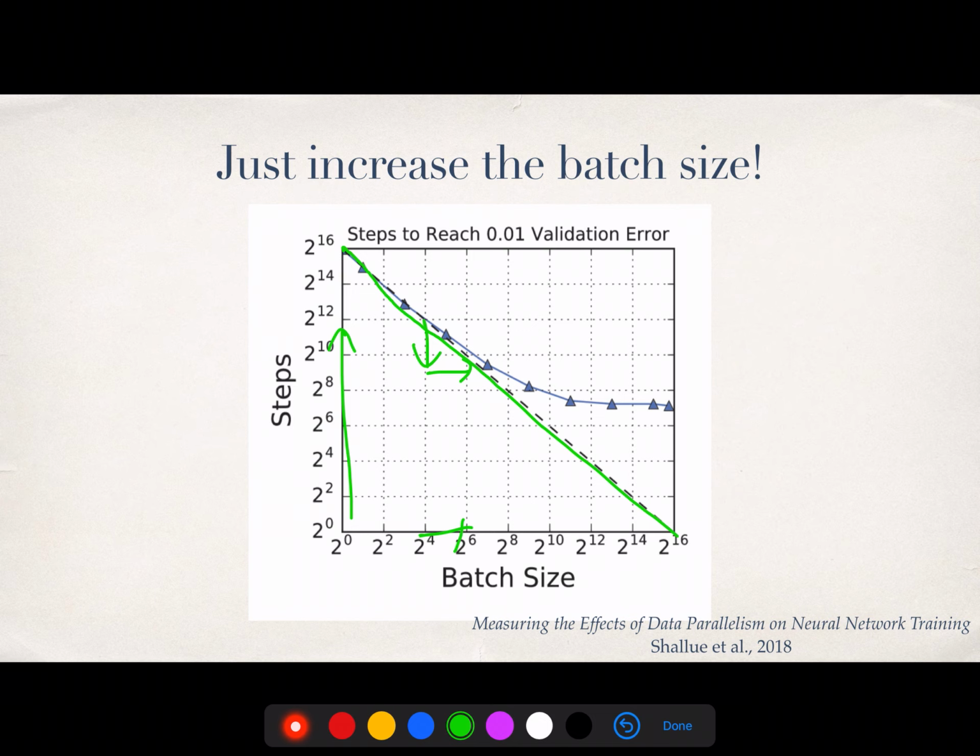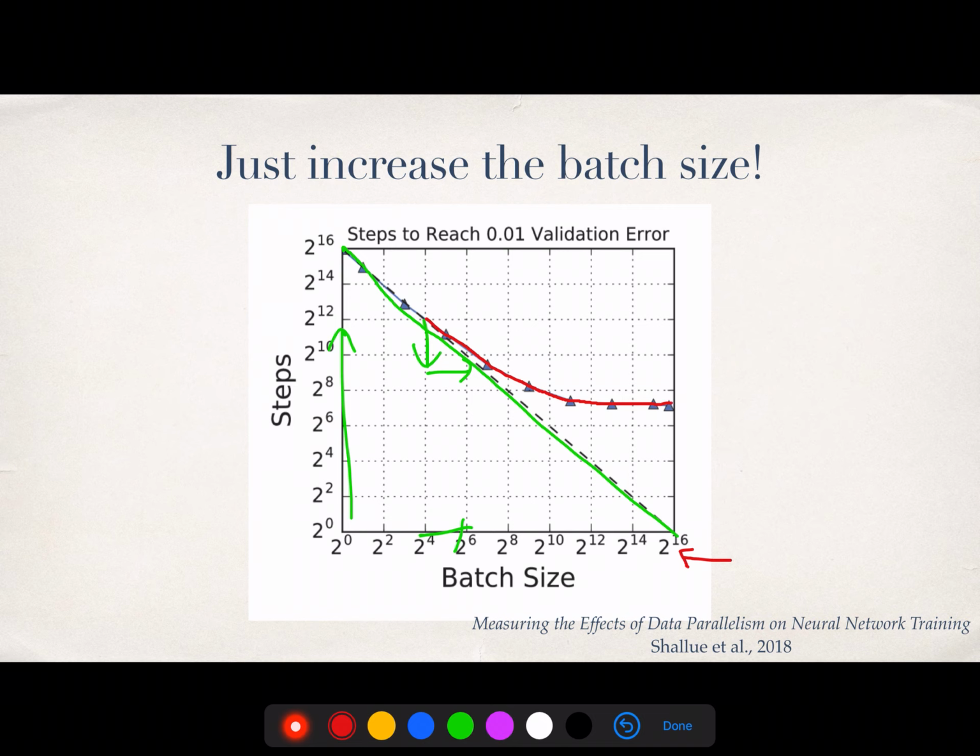But this is a very interesting thing, which was only studied about 2 years ago, that it's actually not the case. The world is not as ideal. So in deep learning, you can increase your batch size quite a bit. At the beginning, you do have this nice scaling, but once the batch size gets larger, you have a slowdown. You don't get this perfect scaling anymore. You keep adding more machines, but you don't get a speedup anymore.